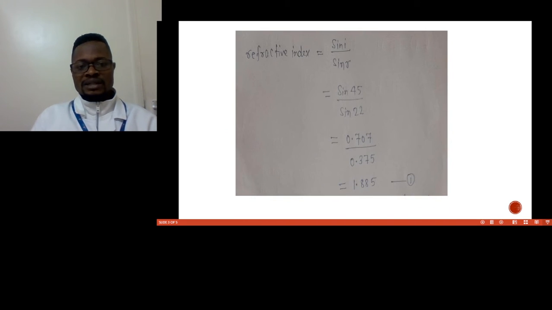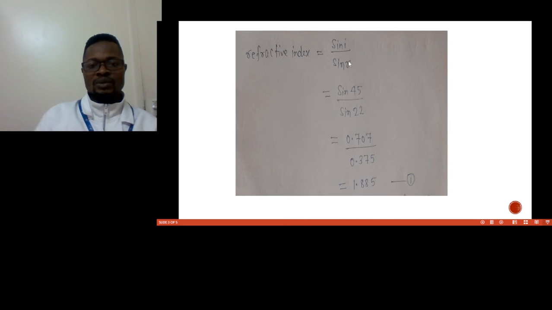Now the refractive index is given by sine i divided by sine r. If you don't know how we get this, refer to my previous video where I proved this formula. So we are going to use this formula, where i is the angle of incidence and r is the angle of refraction.